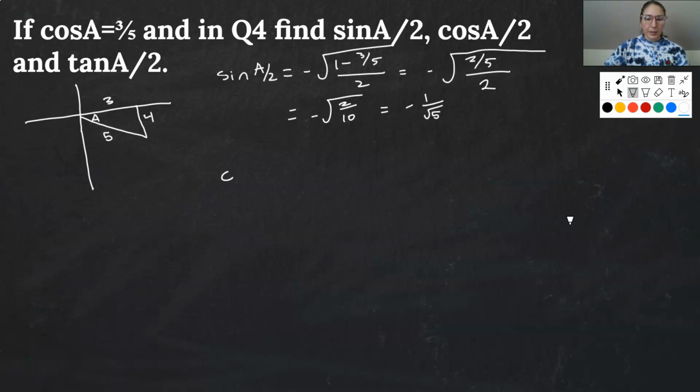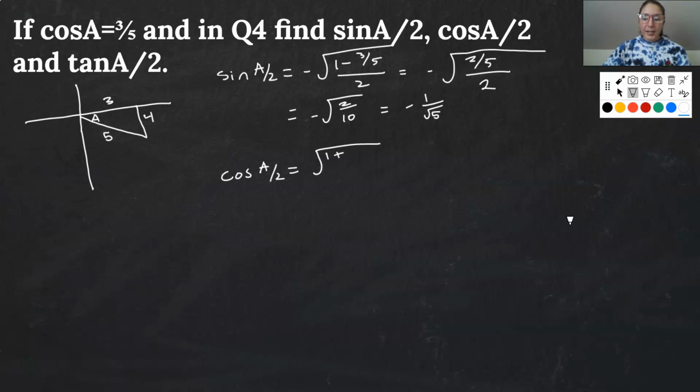Next, cosine of A over 2. Same thing. Which formula do I use? Do I use the positive or the negative? Well, I'm in quadrant 4. Cosine is positive or negative in quadrant 4? Positive.